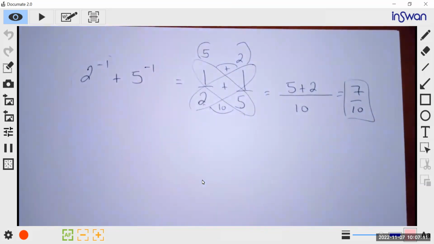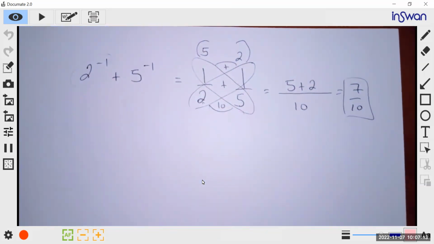And there's your answer. I love the butterfly method. It saves me a lot of time and effort.